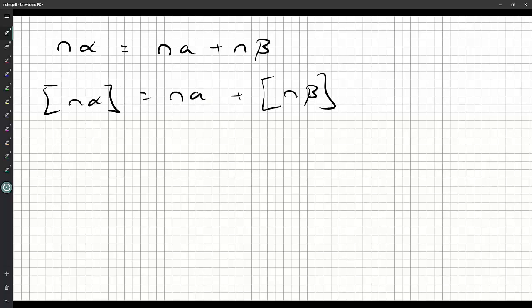So what can we do? We want an arithmetic sequence of length m.